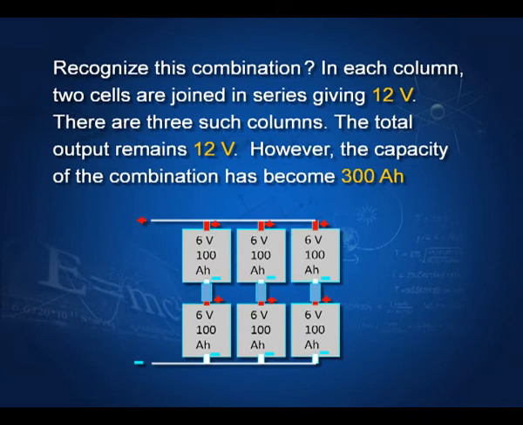Can you recognize this? Again, you see in each column there are 2 batteries or 2 devices which are joined in series. These 2 are joined in series, these 2 are joined in series, these 2 are joined in series, and then the positives of these are connected at one point and negatives of these are connected at another point. So, what do we have?